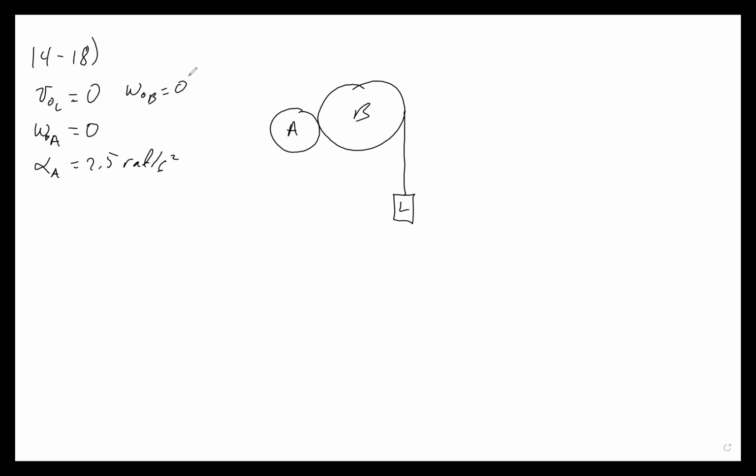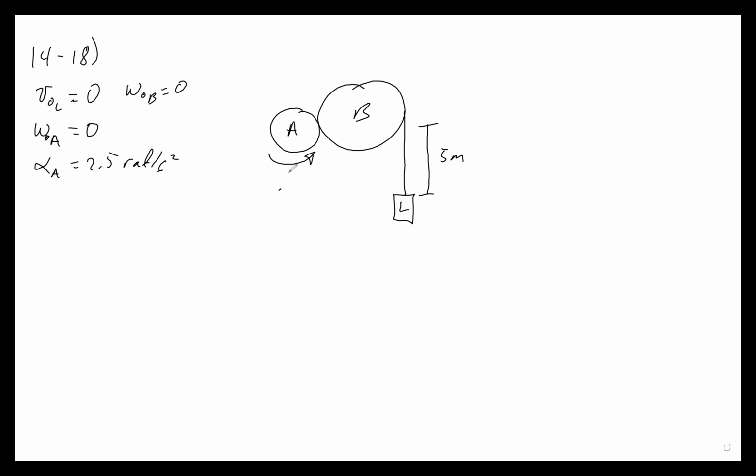All right, but they only tell us the acceleration of gear A. And they want us first to calculate the amount of time required to raise load L a distance of 5 meters. So somehow this load will end up going 5 meters due to the acceleration of A, the angular acceleration to be specific.